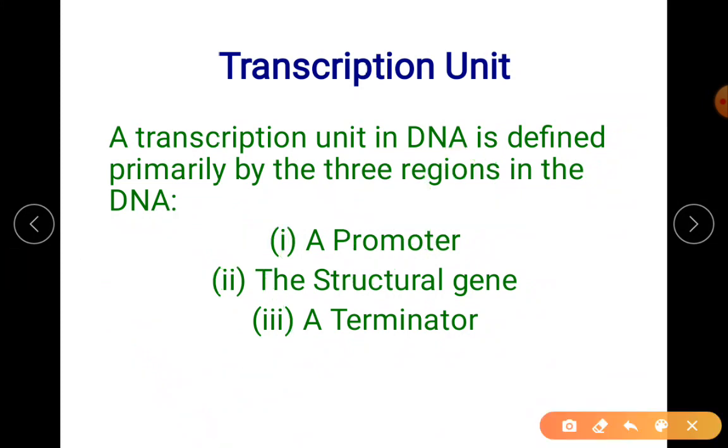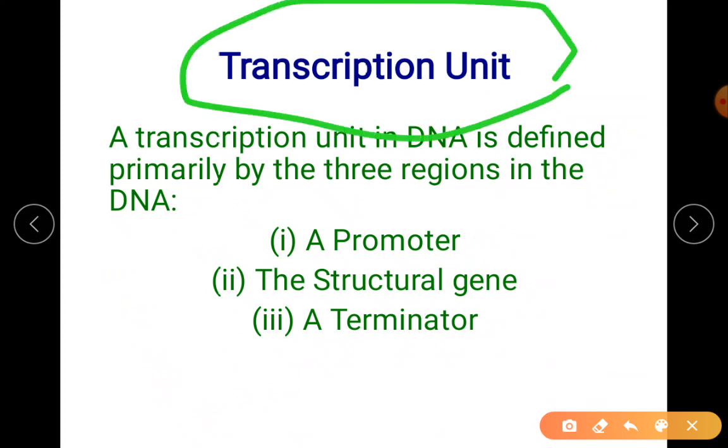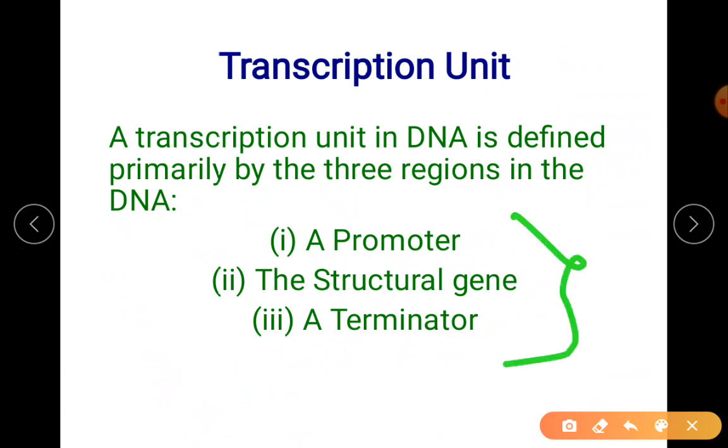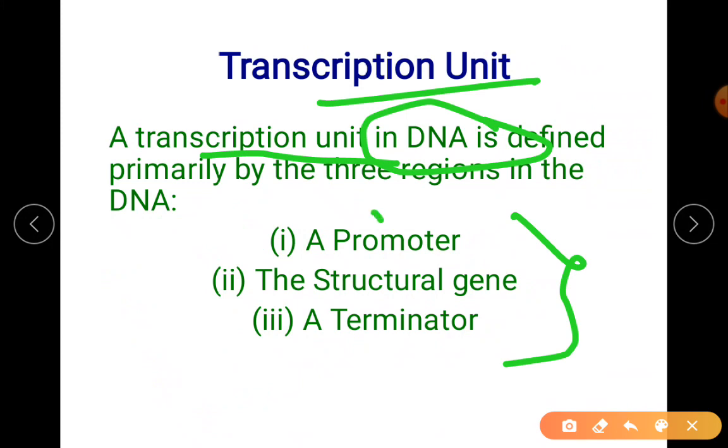So for each gene, we call it a transcription unit. That gene has 3 particular regions. So the transcription unit is present in DNA, and that unit has 3 regions. First is the promoter, second is the structural gene, third is the terminator.